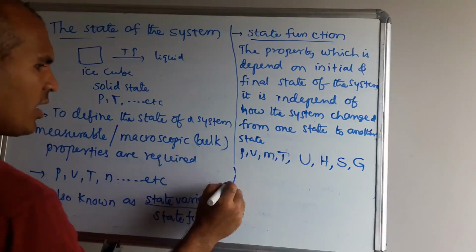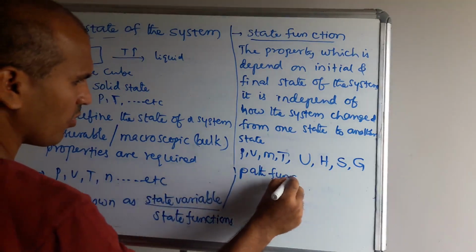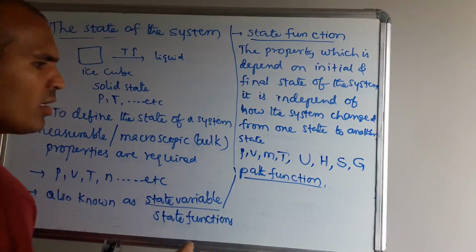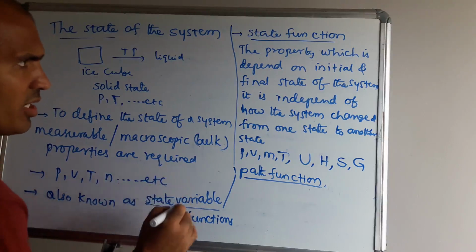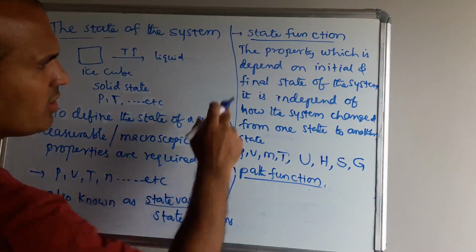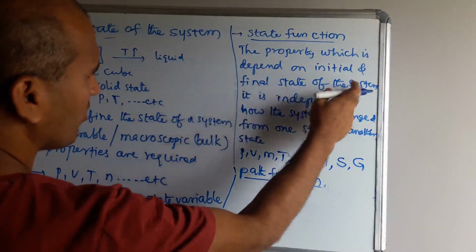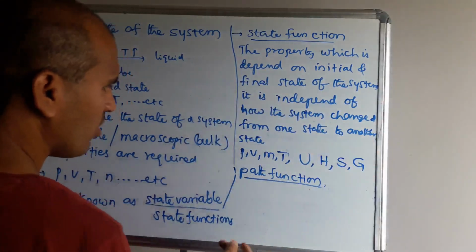Now another one is called path function. Path function, what does it mean? It depends on its path when a system changes from one state to another state. See here, the property which depends on the initial and final state of the system is independent of how it is carried out.